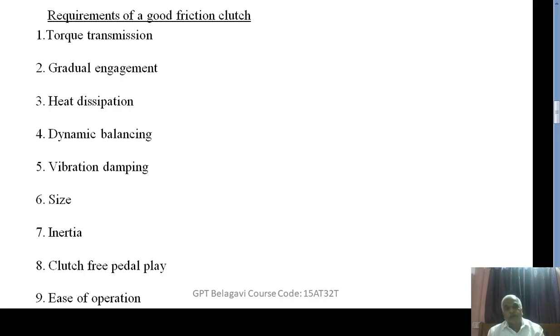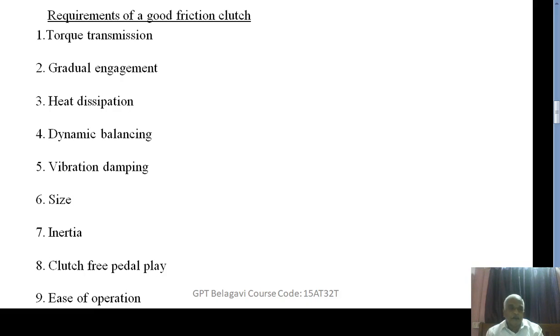Whatever heat is generated in the clutch unit while transmitting the power from the driving shaft to the driven shaft has to be dissipated to the atmosphere as quickly as possible. Otherwise, it may damage the clutch components. So for this purpose, for every clutch unit, we have to provide some sort of cooling facilities.